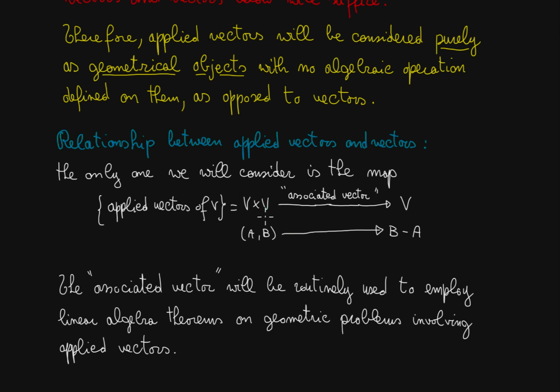Instead, we will pass from applied vectors to vectors by means of this correspondence and apply the linear algebra theorems that we've studied in this course to these vectors associated to applied vectors, in order to solve geometrical questions that have been modeled by applied vectors.